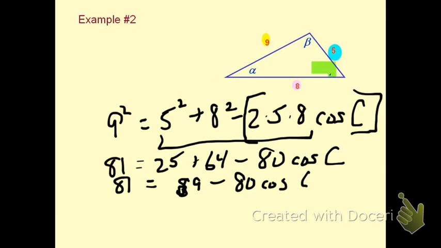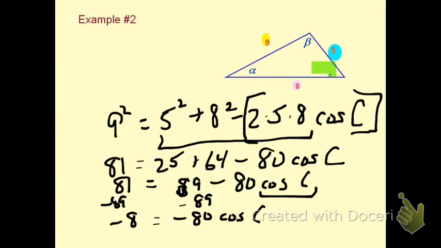Okay, so next step, we're trying to get the cosine C by itself. So we're going to subtract the 89 from both sides. And that's going to give us 81 minus 89 is negative 8 equals negative 80 cosine C. Now divide each side by negative 80. And negative 8 divided by 80 is 0.1.